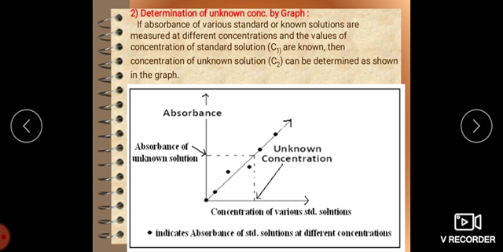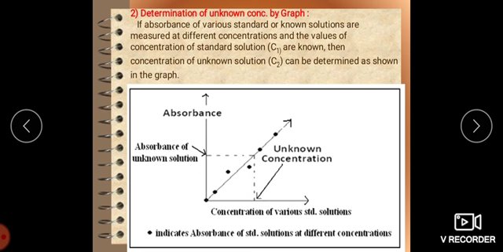So we get a plot like this. From the graph we get the value of concentration. We have to plot the graph of absorbance versus concentration of various standard solutions, which means we have to take the absorbance values of known solutions with different concentrations, and that is plotted on the graph.